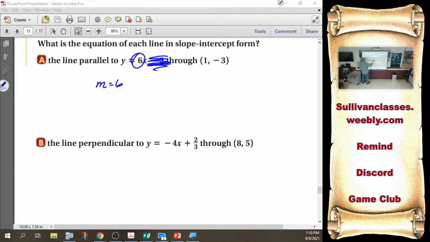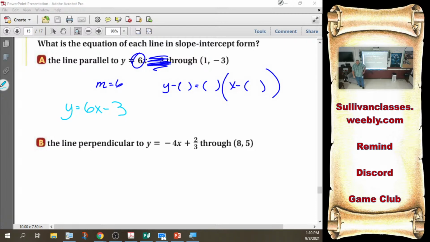So now, y minus y1 is m times x minus x1. Because you know how many kids I'll see go freshman math on this? They're like, okay, I know it's the same slope, and then coordinate, yeah, whatever. It's the y part in the coordinate.